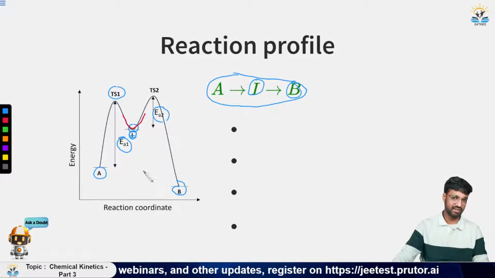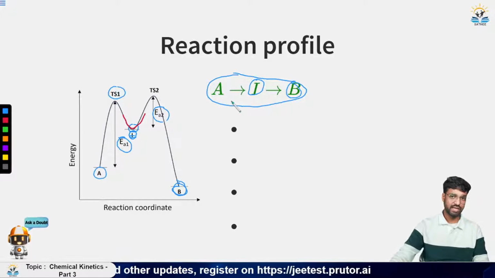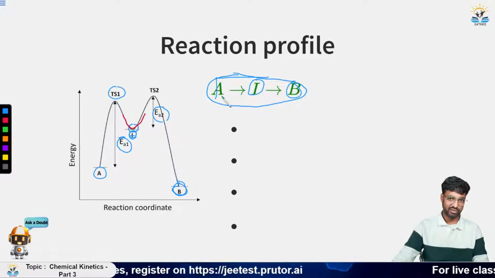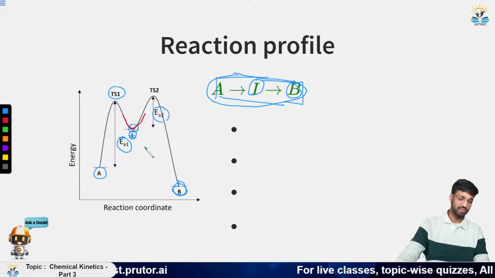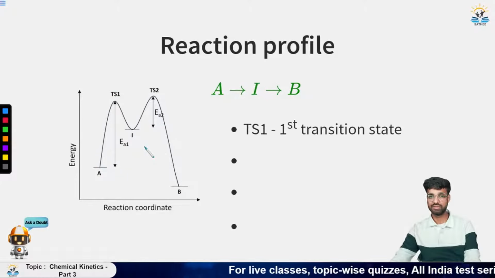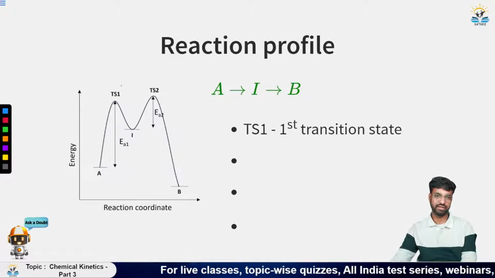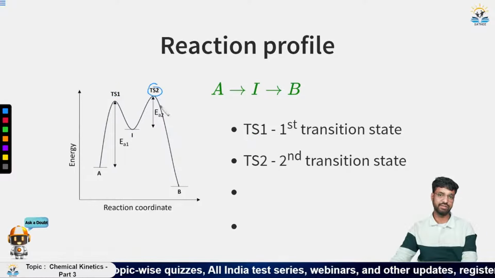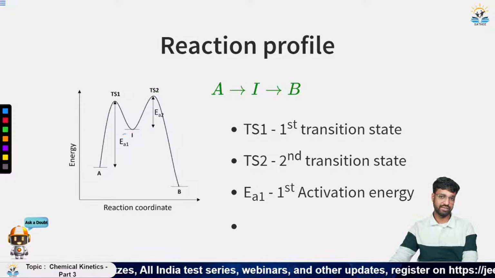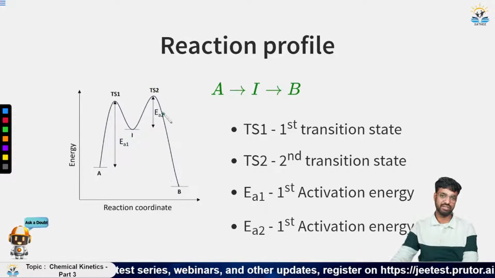This is the reactant again and the product, for this hypothetical reaction, that is A goes to I goes to B. This is the first transition state TS1, this is the second transition state TS2, with activation energy EA1 and activation energy EA2.